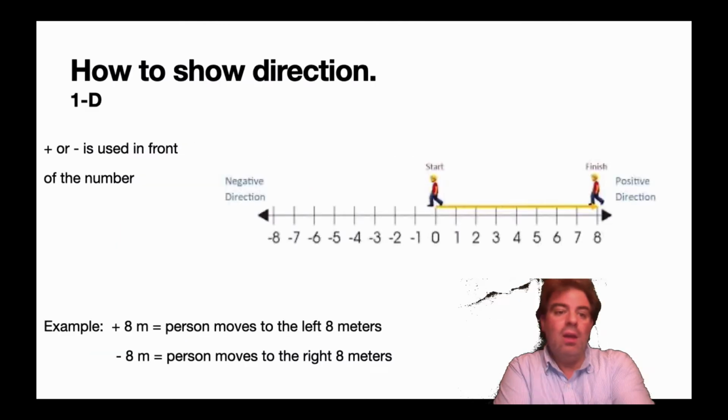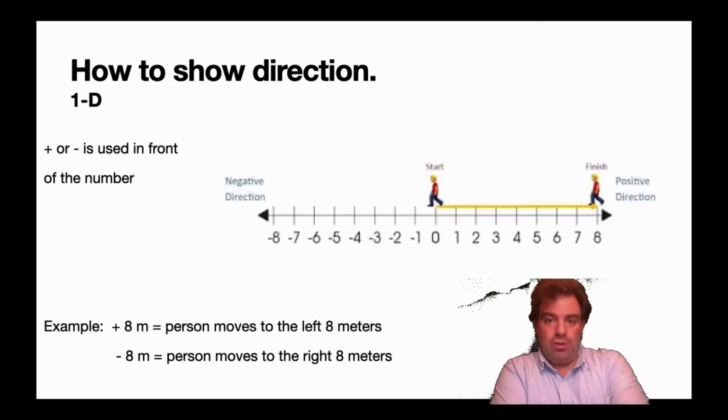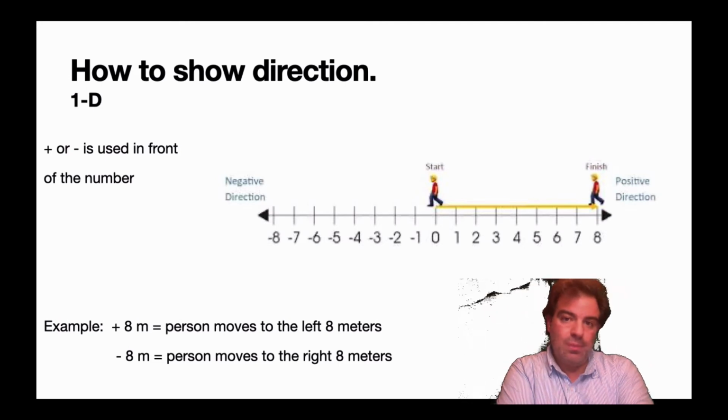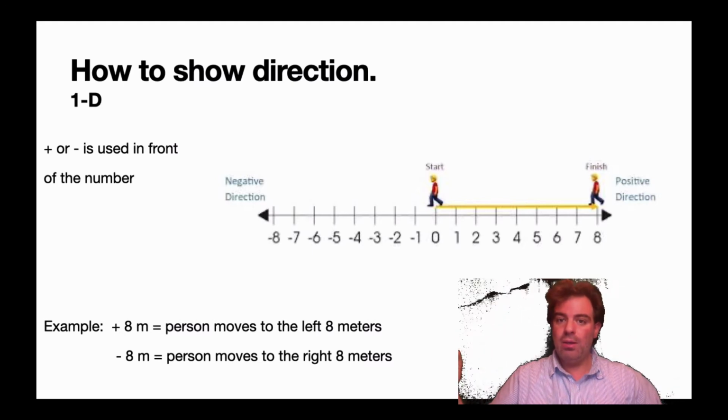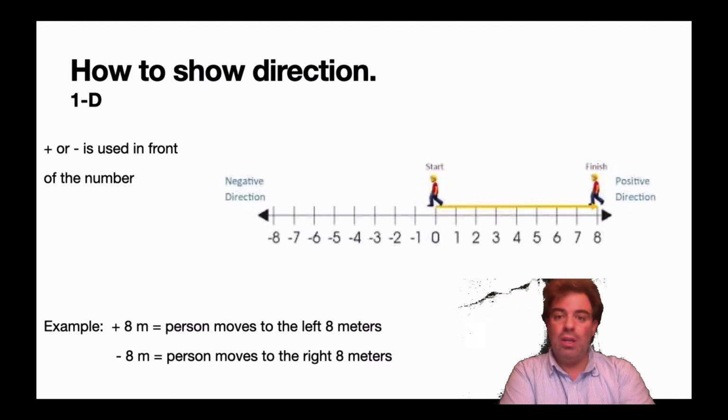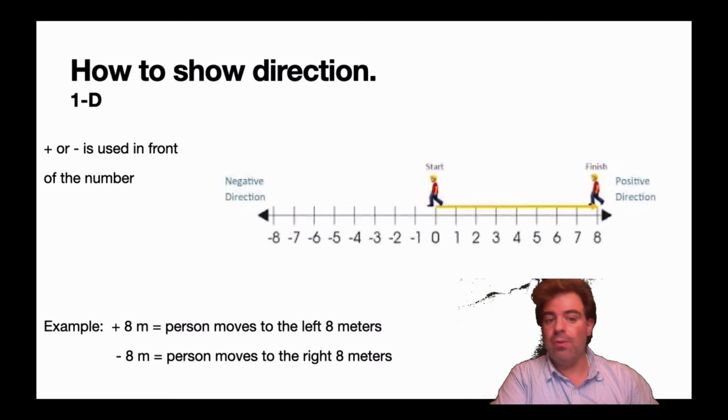Okay, so how do we show direction in a vector quantity? Well, there are two ways. First, if it's one-dimensional, imagine simply a ruler. You can either go forward or backwards. So you would either put a positive or negative in front of the number. For example, let's say you have positive 8 meters.